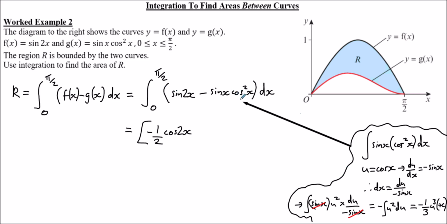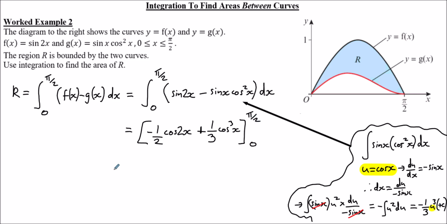If we integrate sine cos squared x, we get a minus, but because we're minusing off this here, it actually will become a positive. So we're going to get plus 1/3 u cubed. If u is cos x, then of course that's cos cubed x. And we don't need plus c now. So just take this between the limits of pi over 2 and 0.